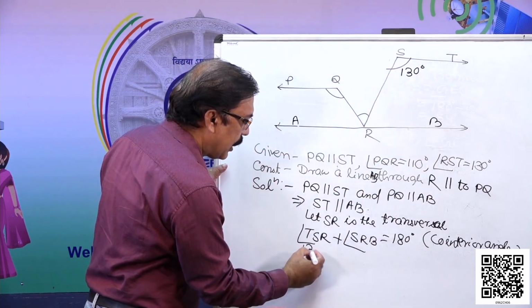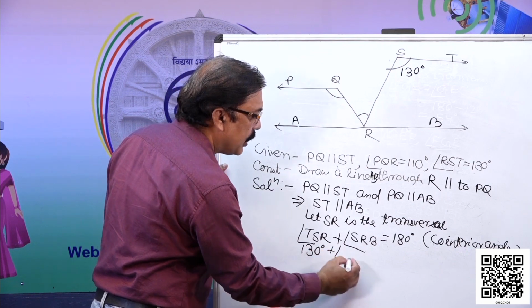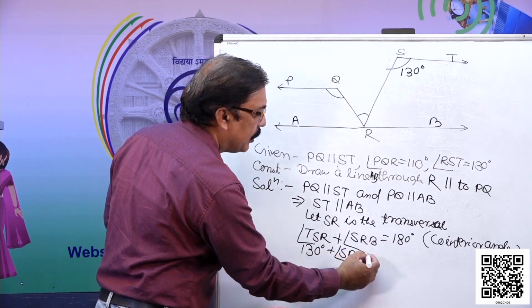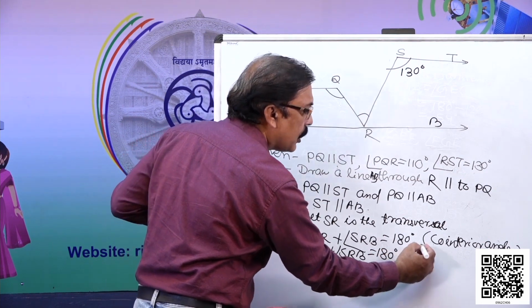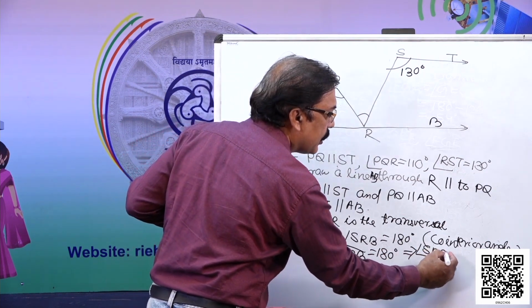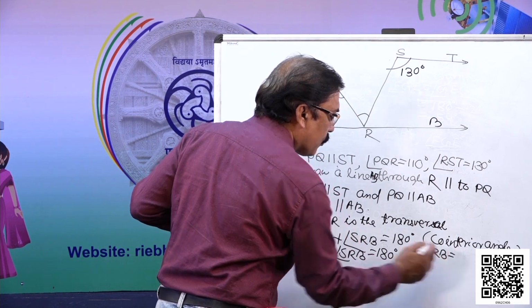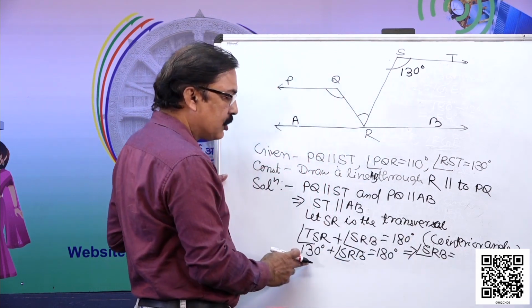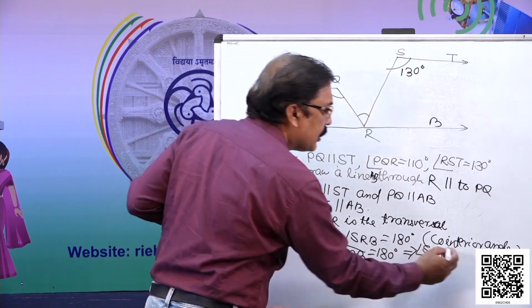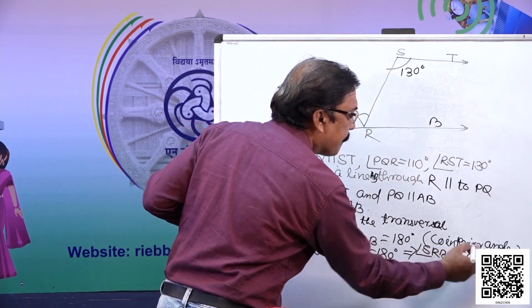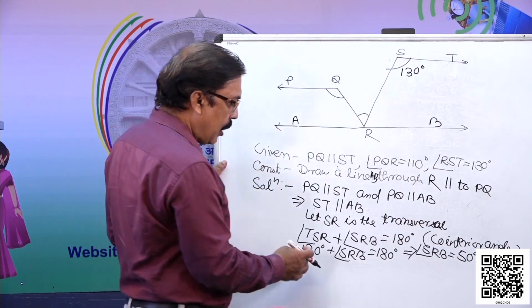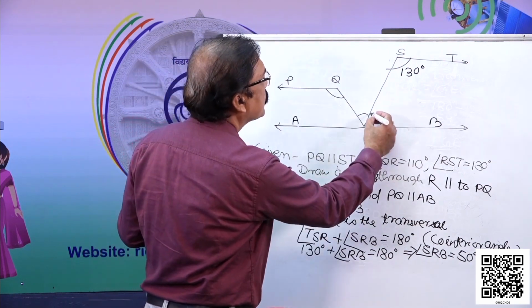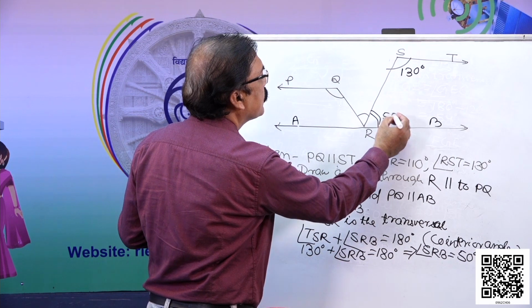So 130 degree plus angle SRB is equal to 180 degree. That shows angle SRB is equal to 180 minus 130, that is 50 degree. Similarly, this is 50 degree.